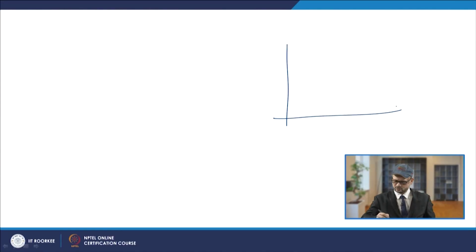If you look at the composition and underbead hardness, a graph will be there. Suppose you have the carbon equivalent on the abscissa, and suppose this is your 0.3, then you have 0.4, 0.5 and 0.6.